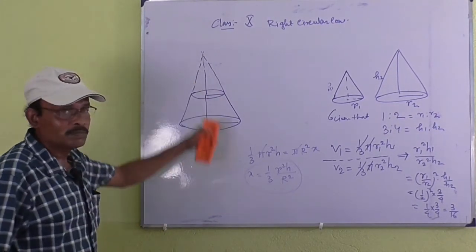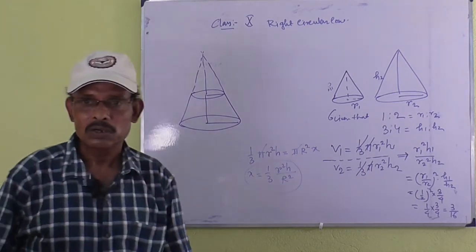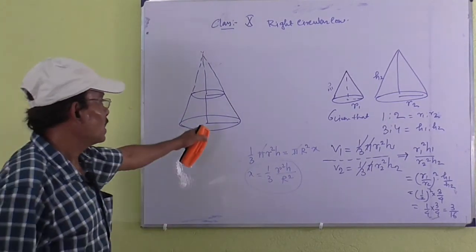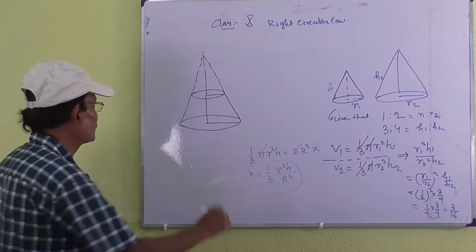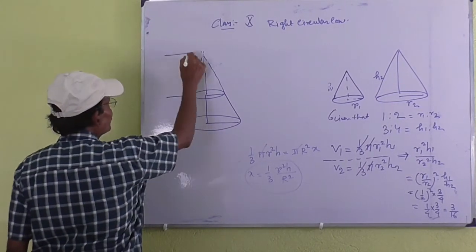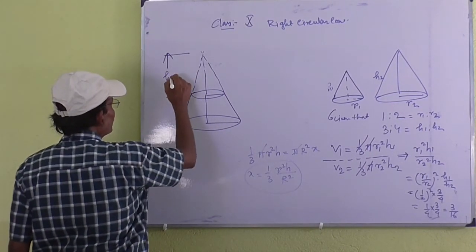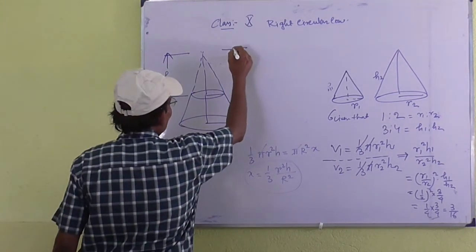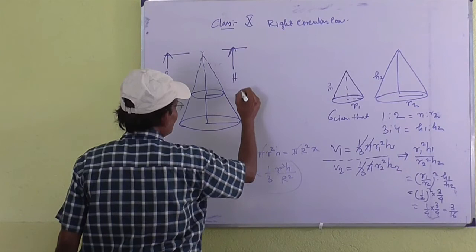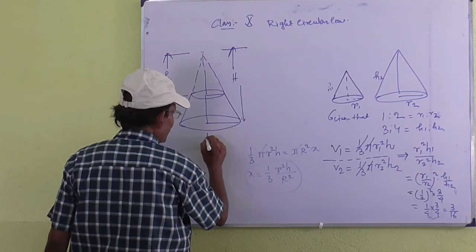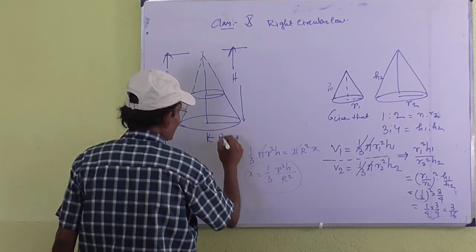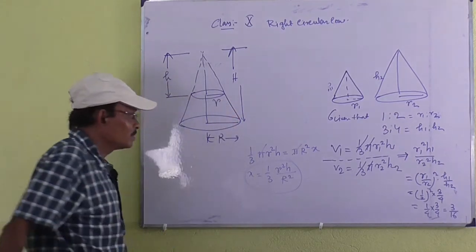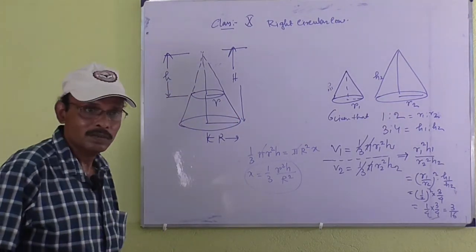If we complete this figure, this is the formation of the whole right circular cone. Here, the small height is taken small h, and here the total height is taken capital H, and here the radius is taken capital R, and here it is smaller r.